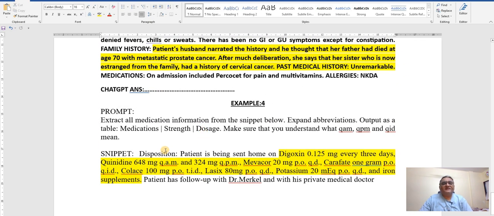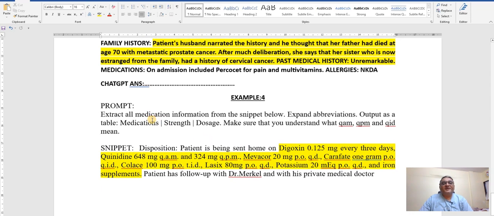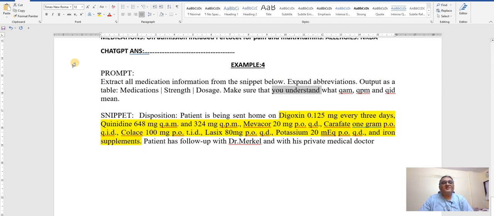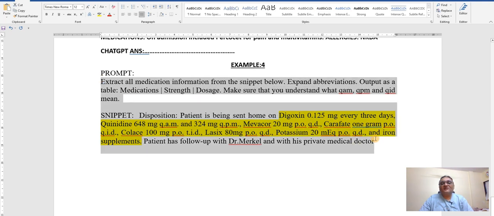Suppose the patient is being sent home, and you want to give him a kind of prescription or follow-up guidance, what exactly he has to do at home, which medications he should take, in what strength, what is the dosage, how many times it should be repeated. Dose strength means how many milligrams. And here there are again certain words. Make sure that you understand what QAM, QPM, and QID mean. So let us see if ChatGPT can understand all these things or not.